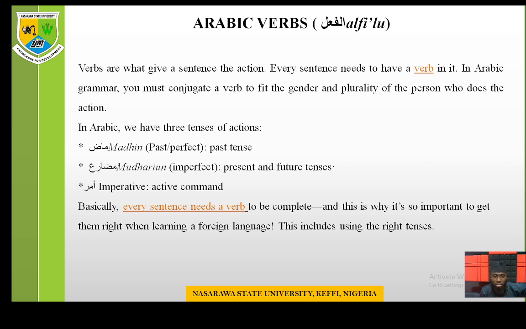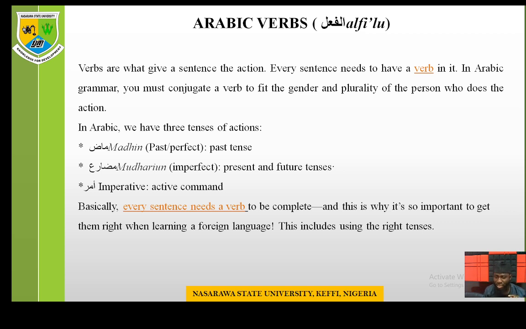And in Arabic grammar, you must conjugate a verb to fit the gender and plurality of the person who does the action. Which means you must conjugate a verb to fit a gender or singularity or plurality of the person that does that action.